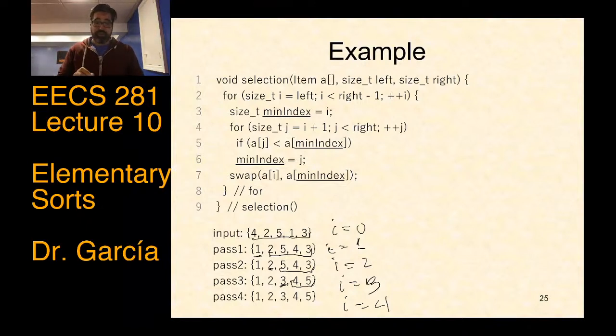No, it goes out to right minus 1. Okay, I see what you mean now. Yes, it does not include right, because you'll see that the for loops go out to right minus 1. Now the inner loop, because it starts at I plus 1, does need to go up to right.